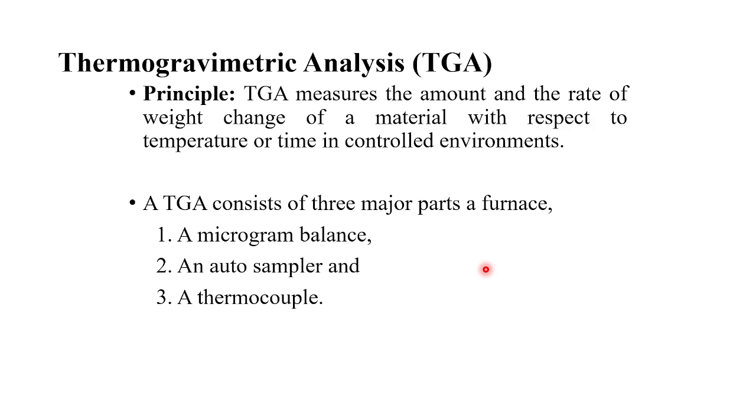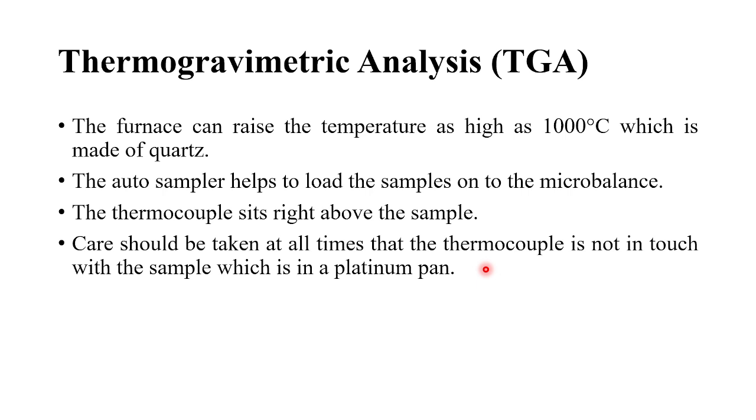A TGA consists of three major parts: a furnace, a microgram balance with an autosampler, and a thermocouple. So these are the major parts of a TGA instrument. The furnace can raise the temperature as high as 1000 degrees centigrade, and is made of quartz. The autosampler helps to load the samples onto the microbalance, because here also you need a very small amount of sample.